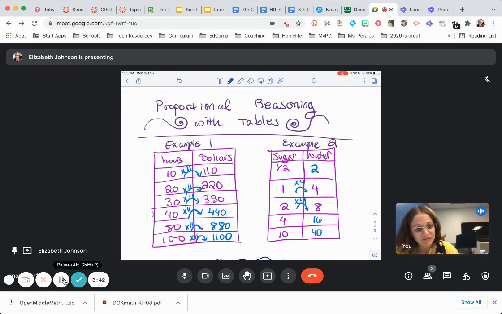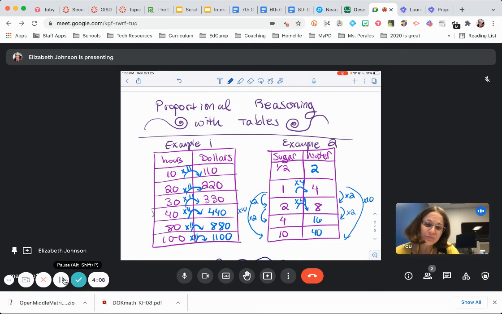And once again, we have some neat multiplicative relationships between the rows of our table as well. So for example, 1 times 2 is 2, and 4 times 2 is 8. 2 times 2 is 4, and 8 times 2 is 16. If I wanted to go from 1 to 10, I could say 1 times 10 is 10, and 4 times 10 is 40.